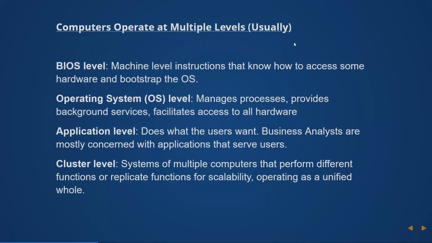At the operating system level, that's written in a low-level system language that gives access to the rest of the hardware, provides background services, and allows users to start applications and so on. The application level on the computer is the next level of complexity. That's where we operate as human beings.